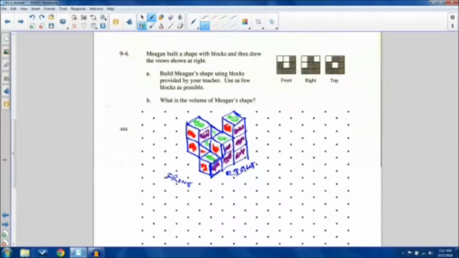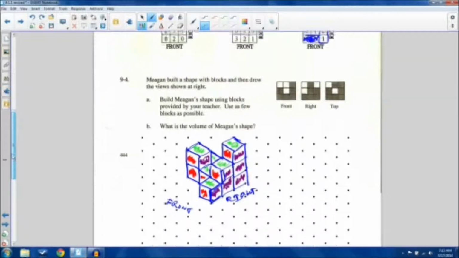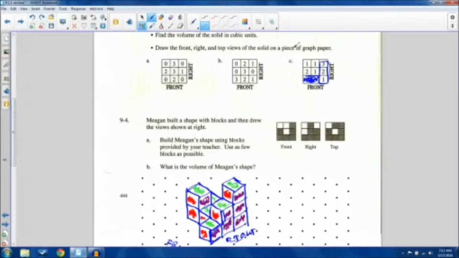I have 1, 2, 3, 4, 5, 6, 7, 8, 9. And in the back, I have 10, 11. It's behind there. If you can't see it with the isometric drawing, that's fine. You can go ahead and look up here again. This represents how many cubes there are, really, because it says how many stories there are and how deep it goes.